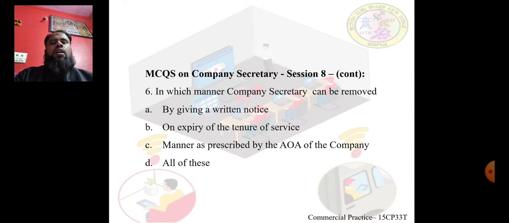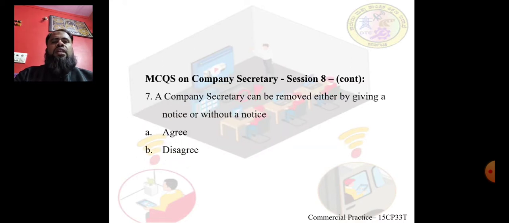Option D, all of these. What is the answer, my dear students? Yes, the answer is option D, all of these. A company secretary can be removed by giving a written notice, after the expiry of the fixed period for which the secretary is appointed, or in any manner as prescribed by the articles of association of the company. Therefore, option D is the right answer.